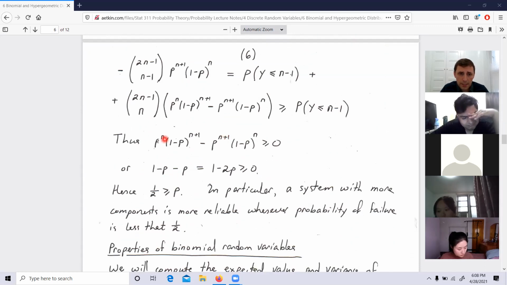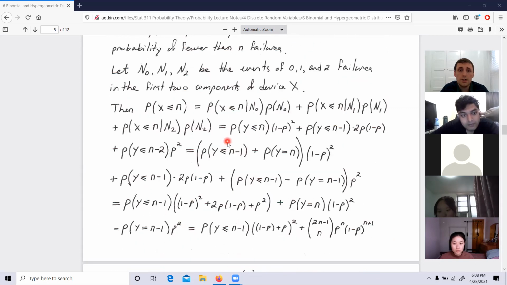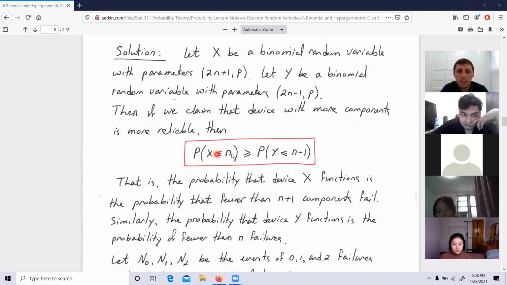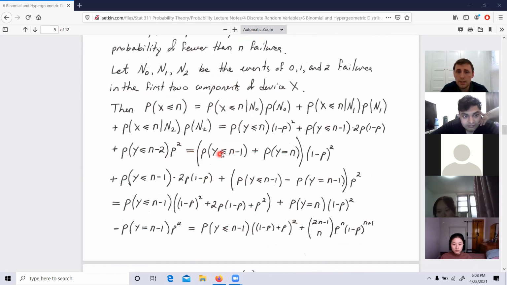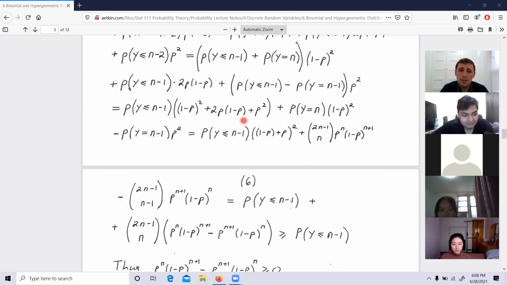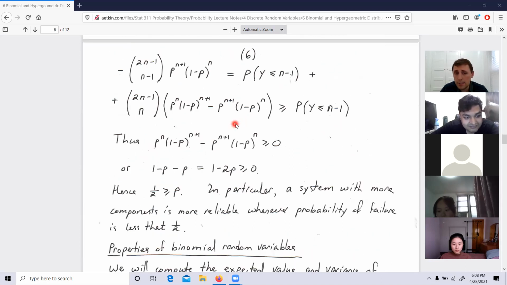I take this probability and subtract this probability, and it has to be bigger than 0. So you see, guys, when I expand this thing, I take P of Y less than or equal to n minus P of Y less than or equal to n minus 1, and then it has to be bigger than 0 if this is true.